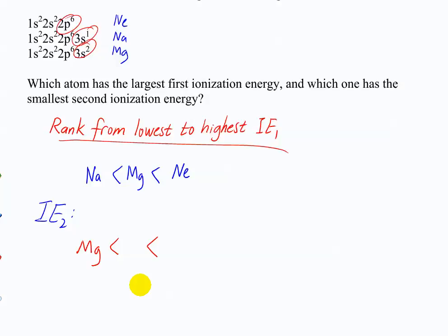But that's a tougher thing to know, because in both cases, you're removing an electron from a core electron, basically. My guess would be that the sodium's second is the biggest, and the neon's second is smaller, because with the sodium one, you're actually first breaking into that full shell of the core shell. But I'm not sure that's true, so maybe.